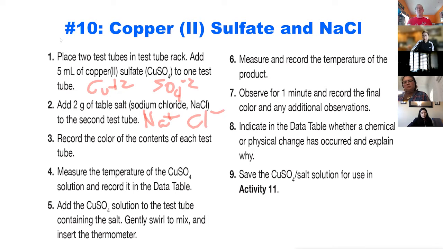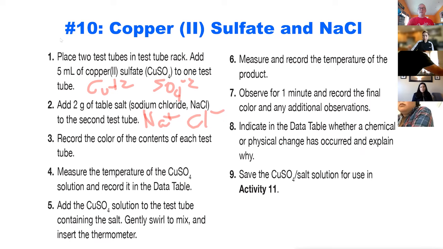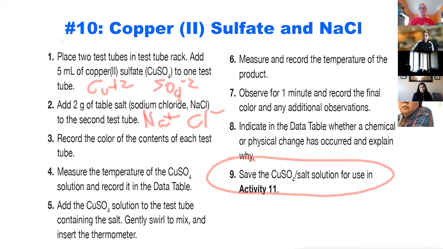So we want to see what happens when we do that. See if there's a change in temperature, see if there's a change in solution, see if a precipitation takes place. Save that solution, because there's one more experiment we're going to do with it. And that's the next one.